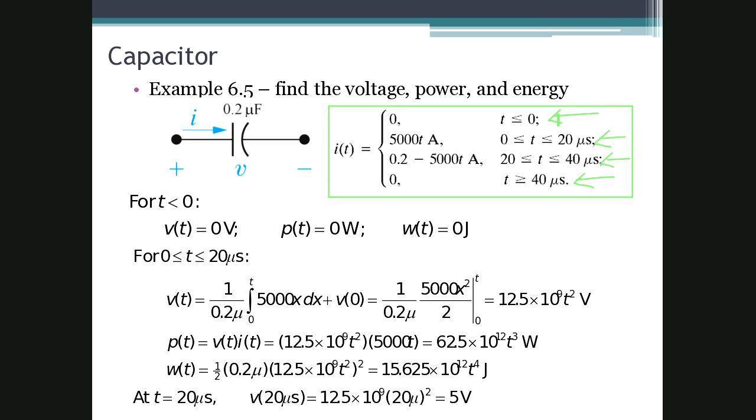Now the first part of this question, which you will get on an exam, is basically understanding how to read initial conditions. And there's no reason anybody shouldn't get this part perfectly. So if I say, find the voltage, power, and energy for time less than or equal to 0, I've sort of already given you that.